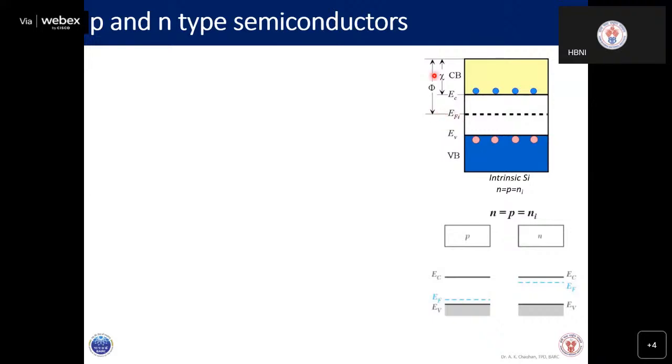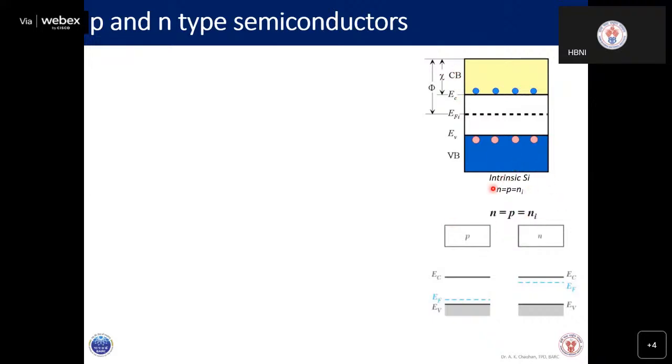So in case of intrinsic semiconductor, it is the energy difference between the Fermi level and the vacuum level. Suppose this is the vacuum level, and this is electron affinity. Chi is electron affinity. What is the electron affinity? It is the energy difference between EC and the vacuum level.